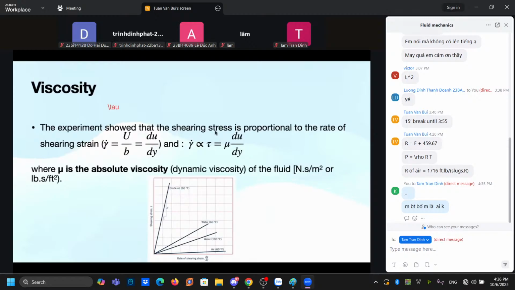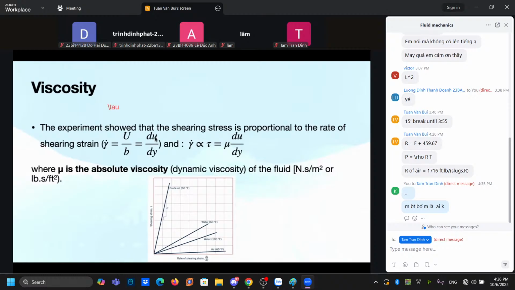The experiment shows that the shearing stress is proportional to the rate of shearing strain. We have gamma dot equal to u divided by b, which equals du over dy.